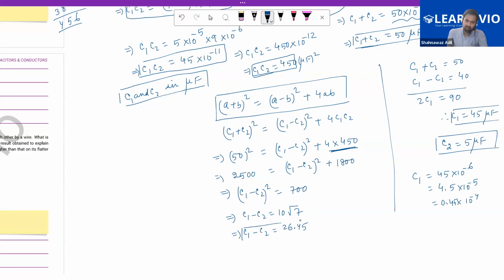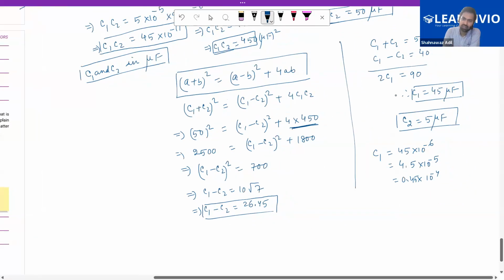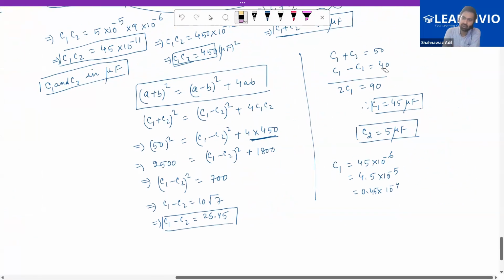This is the correct answer. Now if we solve this thing, so this is 26.45. So let's write it as 26, or 26.5 nearly, which is 26.